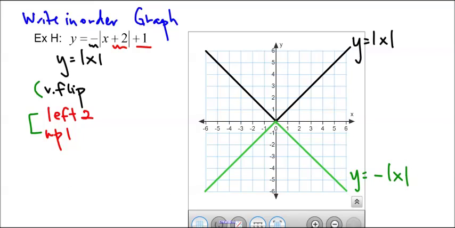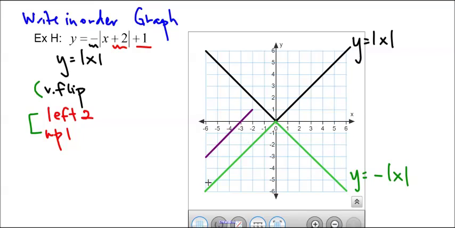And then you always take the last graph that you did, and we're going to take that graph and flip it, or sorry, move it. We're going to move it left 2 and up 1. So you take all the points and we're going to move them left 2 and up 1. So take this point, move it left 2 and up 1. Take this point, left 2 and up 1. And once you have the shape, or the starting point, then you can follow the shape of the previous one.